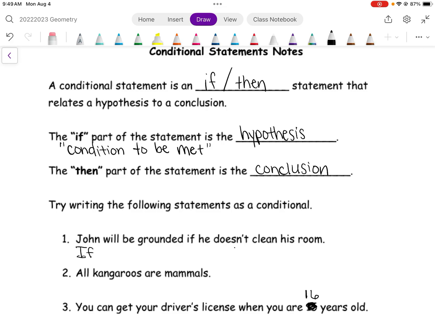Okay, so we start with if. And if we think about the hypothesis or what condition has to be met, it's if John doesn't clean his room. If John doesn't clean his room is the hypothesis.